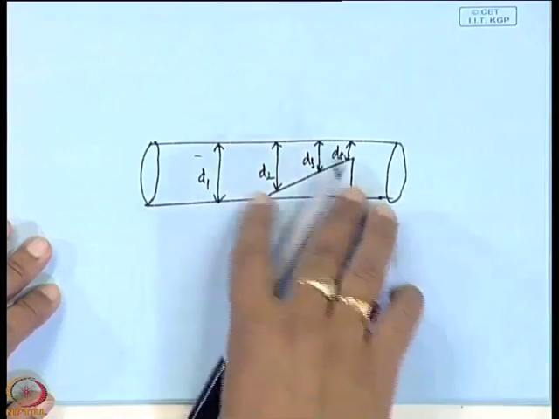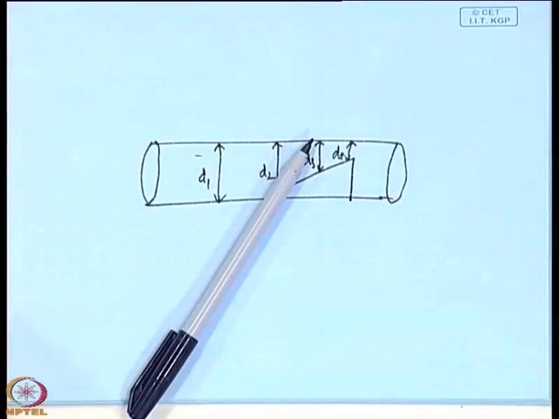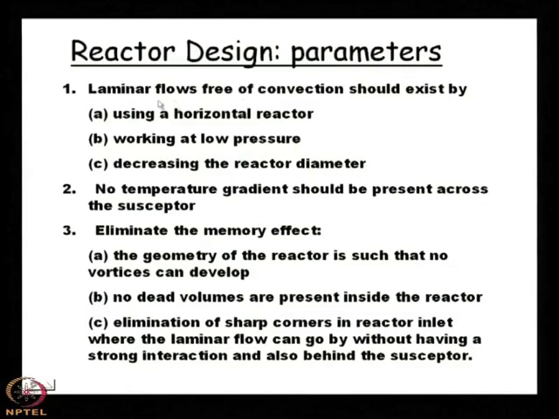So, the design principle is based on those facts: you use a horizontal reactor, you use low pressure and decrease the reactor diameter, then you can ensure laminar flows free of convection.